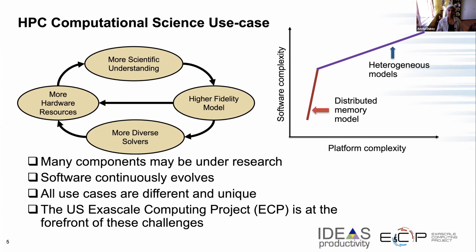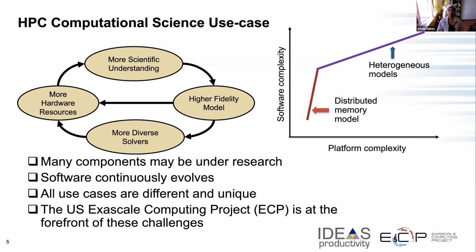Added to that is this issue that all of the software that is used for exploratory purposes faces: many of these components by themselves may be under research, and therefore the software continuously evolves. The other thing is that I at least don't know of any instances where the software was used in exactly the same way for two different science campaigns. Every use case is different and unique.